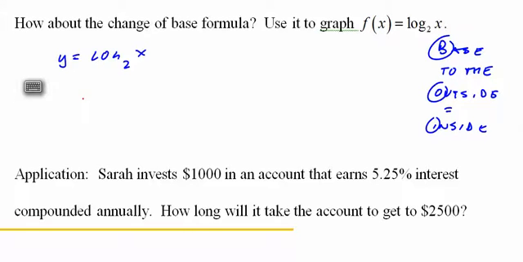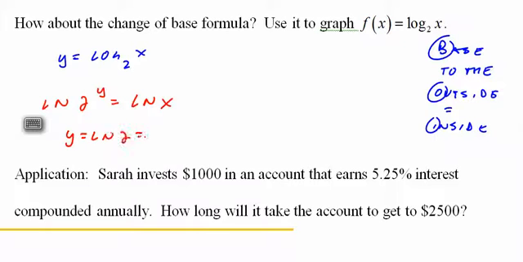So we go 2 to the y equals x. Now take, let's say, natural log, which is a nice one to use, of both sides. You can throw the y out front. Divide by natural log of 2 on both sides.